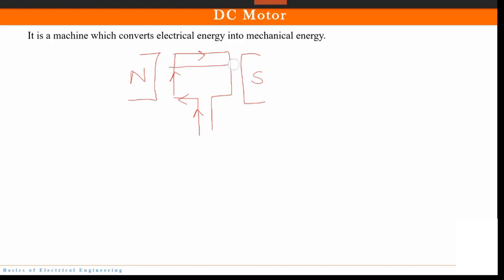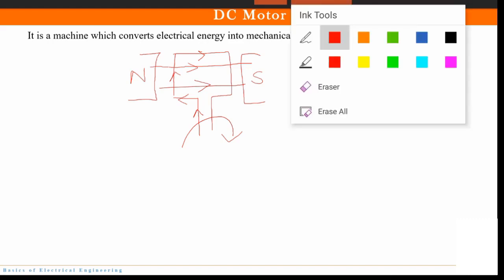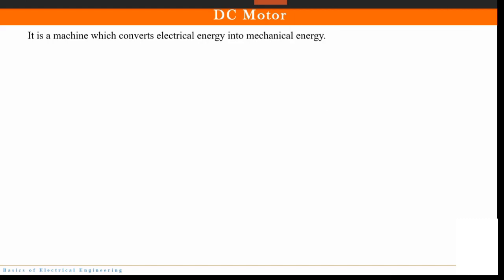And there is a magnetic field between this magnet as well. So these two magnetic fields, they interfere with each other and a torque is produced. Okay. And that torque causes this armature coil to rotate, and it starts rotating. It means in this way we convert the electrical energy into mechanical energy.